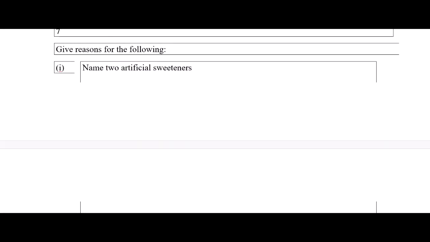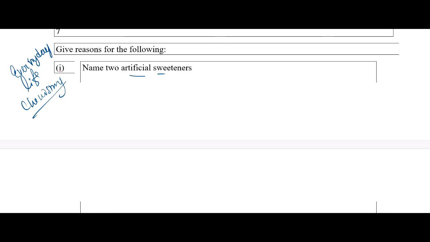Name two artificial sweeteners. Here, nothing to think, nothing to do. Not actually a good question, it's a memory based question from the last chapter, that one is our everyday life chemistry. And I would suggest for any question we're getting from this chapter, you point out the things also, like artificial sweeteners.